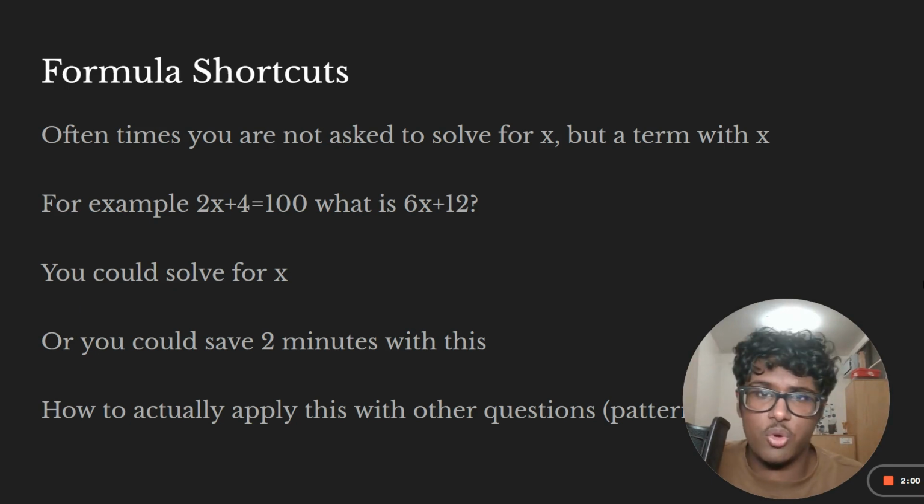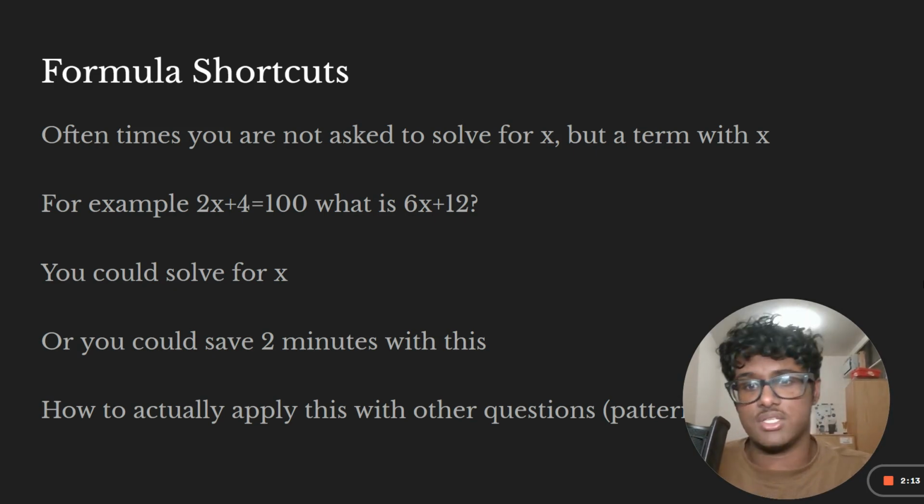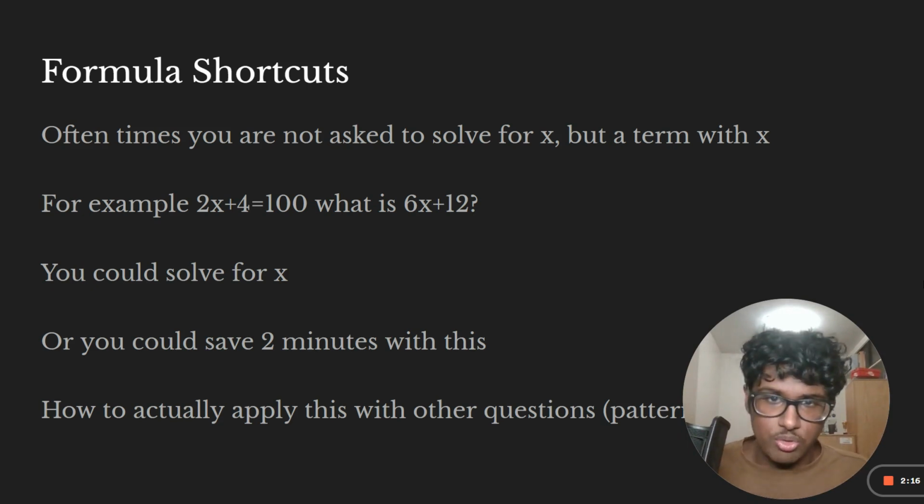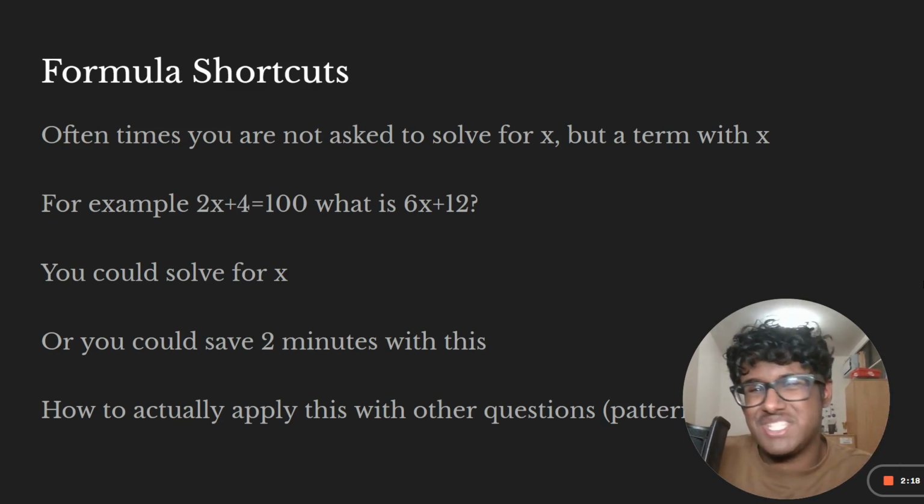So here's a quick example that's going to demonstrate what I'm talking about. You have this example: 2x plus 4 equals 100, and 6x plus 12, what does that equal? Well, you could solve for x here and plug it into the next equation and then figure out what it is. Or you could use this shortcut, which I don't have a specific name for, but it's almost just pattern recognition.